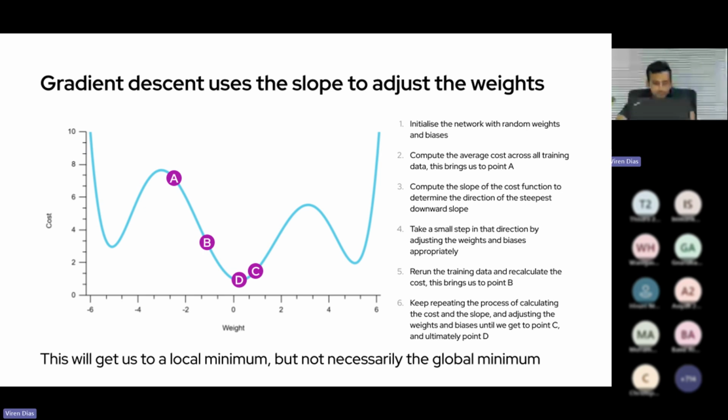And unfortunately, there is no reliable way to do this. I mean, you could reinitialize the network completely randomly again, and maybe you start at a different point that will help you reach a different minimum, and then you can test both of them.